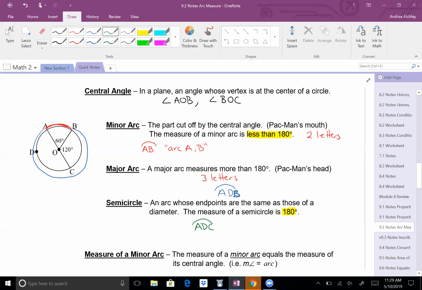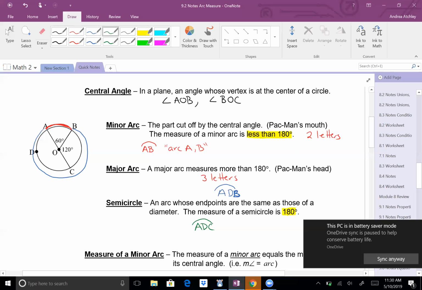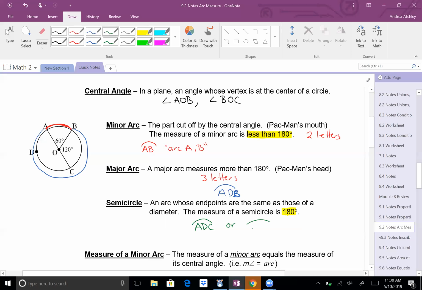They're both semicircles, but you want to show I'm looking at this half of the circle versus the other half. Or again, you could say arc ABC is also a semicircle. Any questions over that?